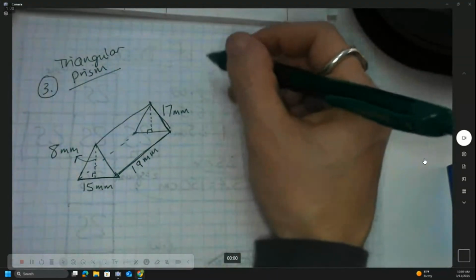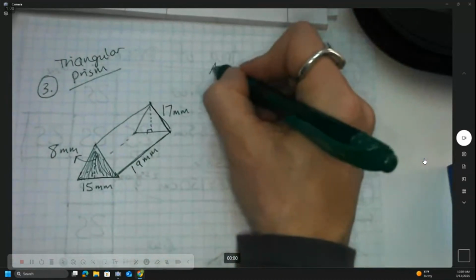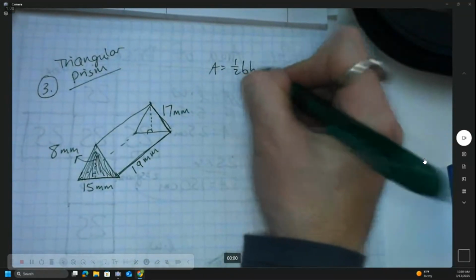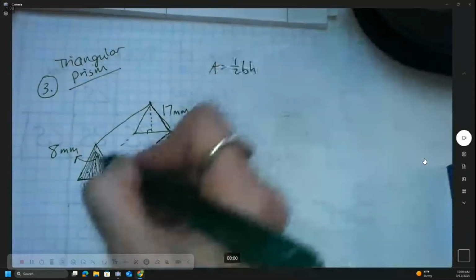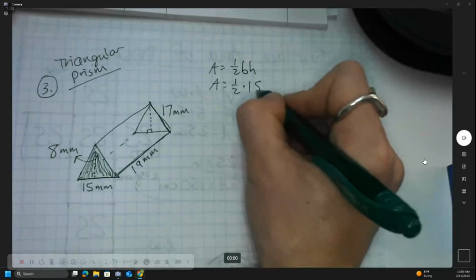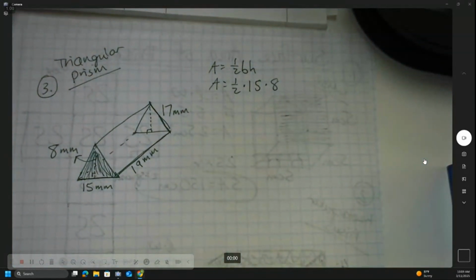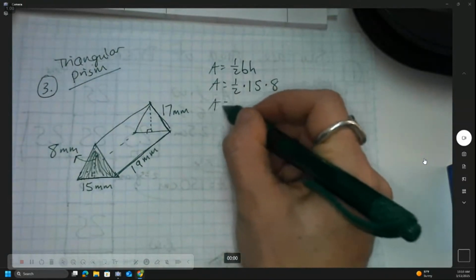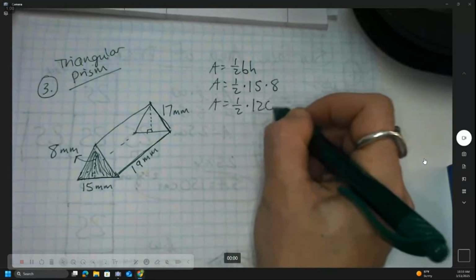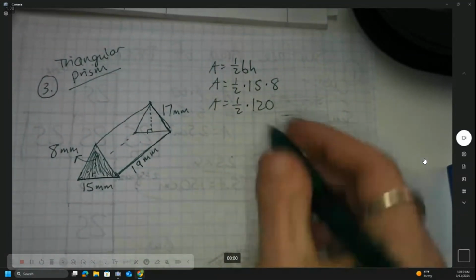The area for a triangle. Let's solve for the area of this triangle, which is 1/2 times base times height. So let's go ahead and solve for that guy first. That is 1/2 times the base, which is 15, times the height, which is 8, and 15 times 8 is 120. Half of 120, or 120 divided by 2, whichever one you want to do, is 60.